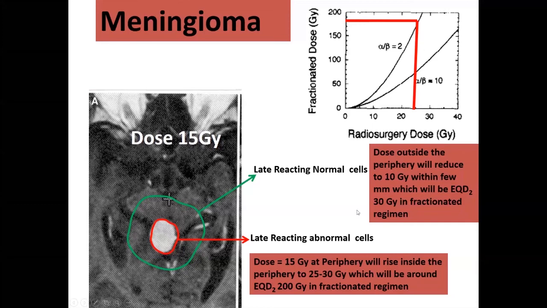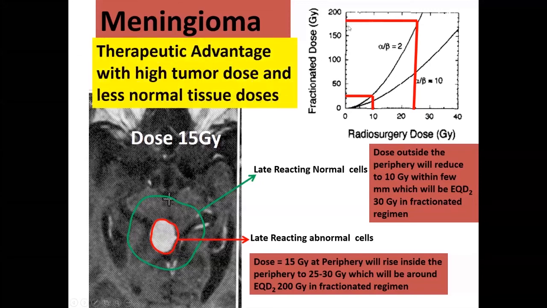So naturally, this 15 gray will reduce, say, to 10 gray within a few millimeters. Now again, come back to this graph. 10 gray, then EQD2 is just 25 or 30 gray. So with such a sharp gradient, normal tissue is getting just 30 gray EQD2, while the tumor is getting more than 150 or almost 200 EQD2. So that ultimately leads to therapeutic advantage.